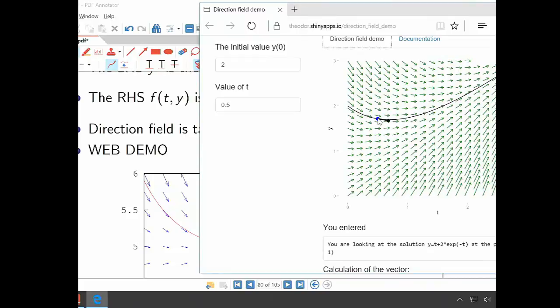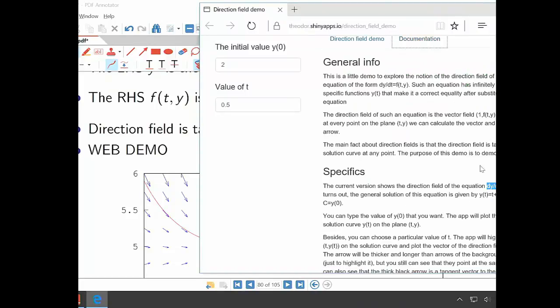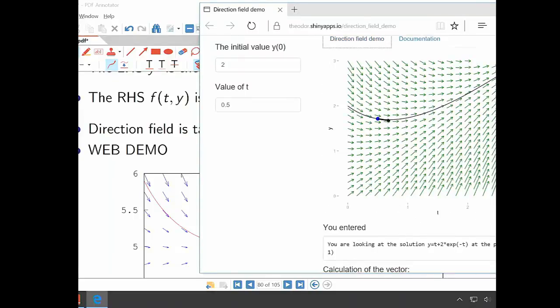Then at this point you calculate the right-hand side of the differential equation, t minus y plus 1, so you get 0.5 minus 1.7 plus 1, which is minus 0.2. And so this black vector is the same as the vector from the vector field underneath, and it is parallel to the vector where the first component is 1 and the second component is minus 0.2.